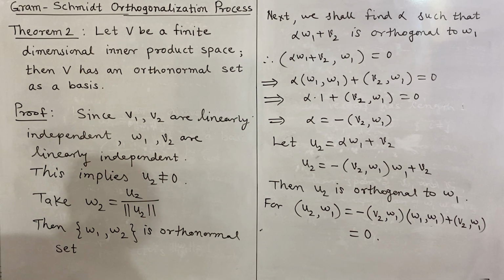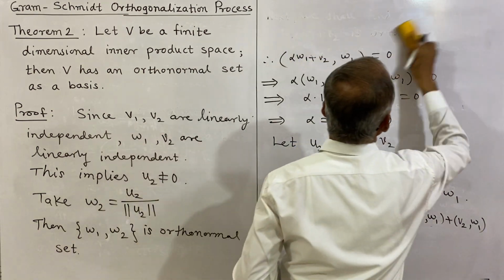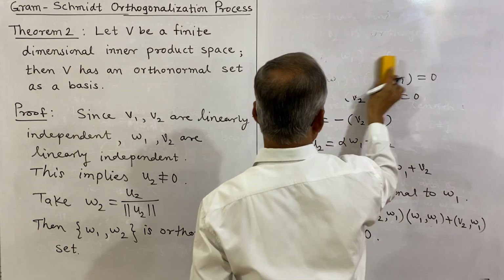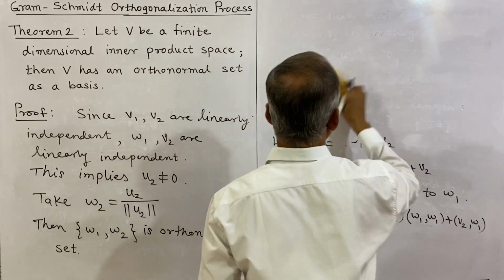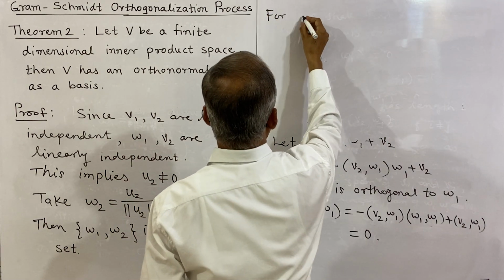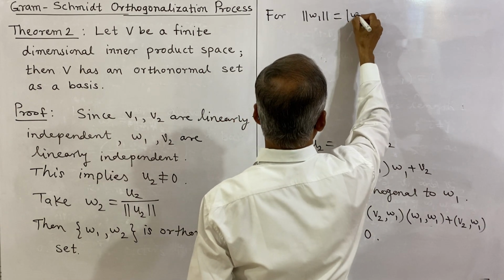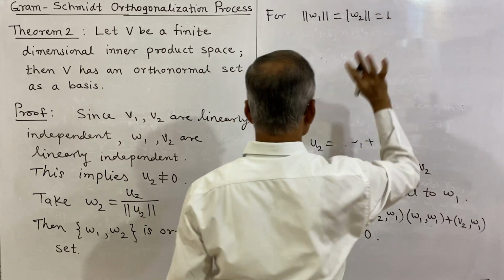So we shall verify this. For the reason for this, norm of W1 is equal to norm of W2 is equal to 1, as earlier.